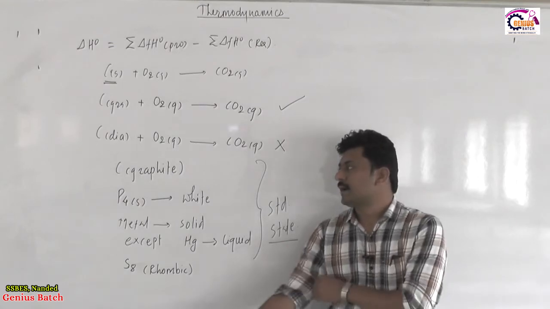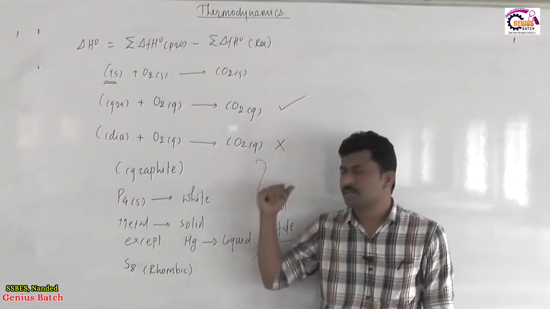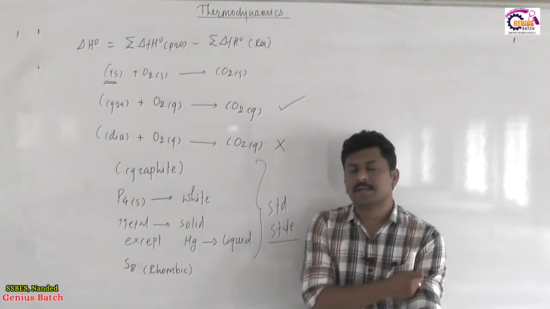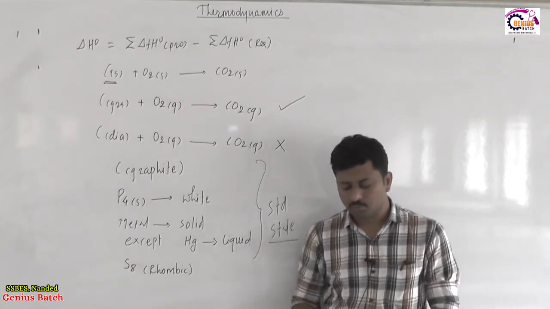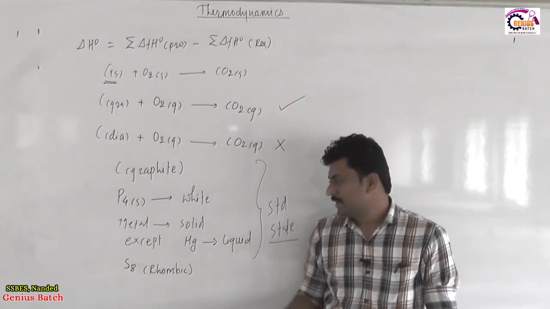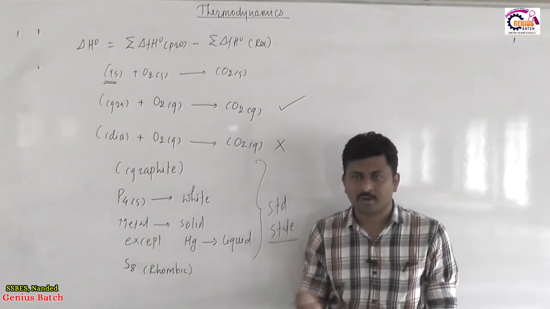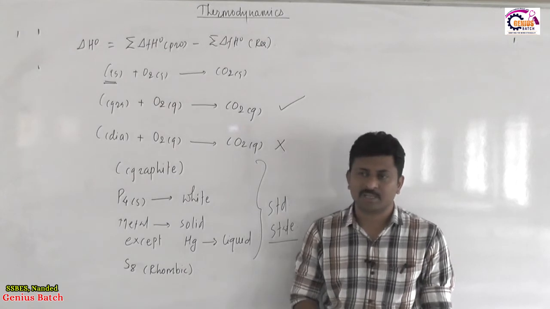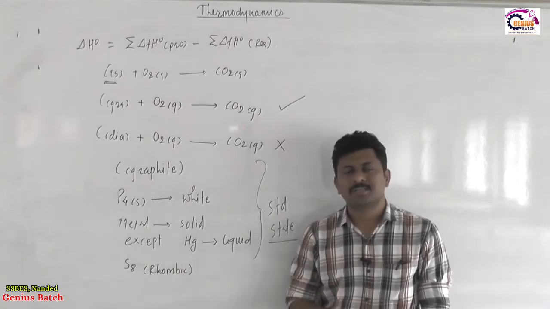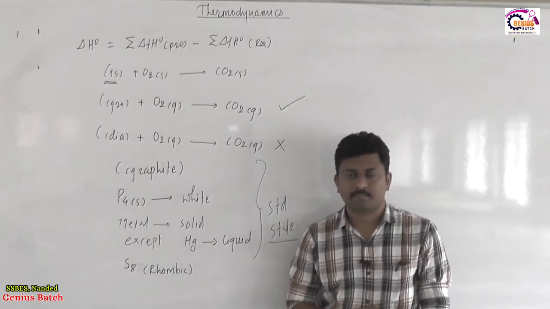If it is given that carbon charcoal plus oxygen converts to CO2, then that is also formation of CO2, but it is not standard. Likewise, sulfur orthorhombic or any other monoclinic form with oxygen or hydrogen converting to SO2 or H2S, they are formations but not standard.